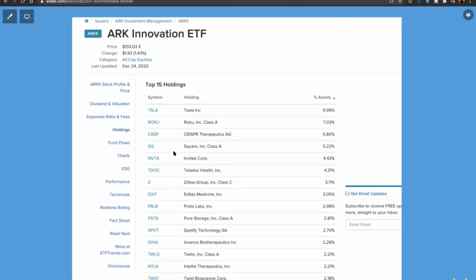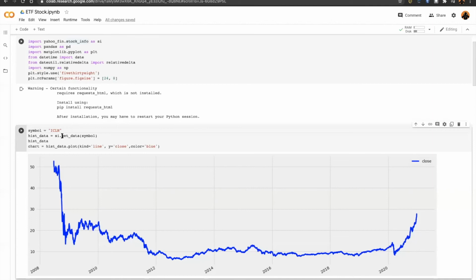If you know about the ARK, I also hold the ARK as an ETF. This one just keeps growing. Let me check the ARKK. So ARKK here.